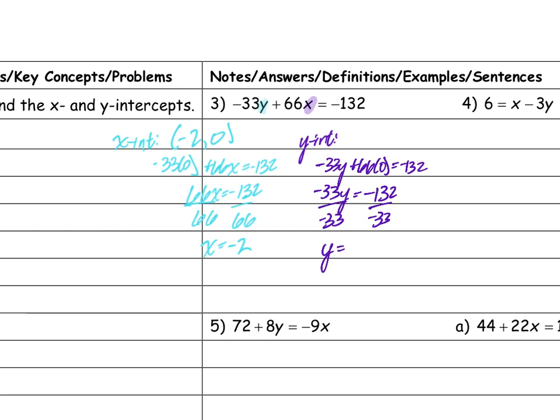That's not a calculator either. 132 divided by 33. Oh, negative 4. It's negative 4. 0, negative 4. Questions? Okay.